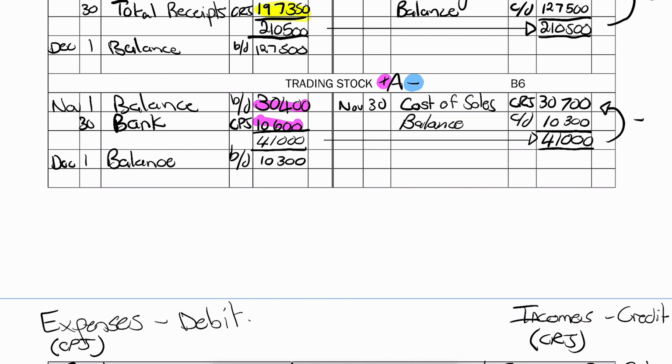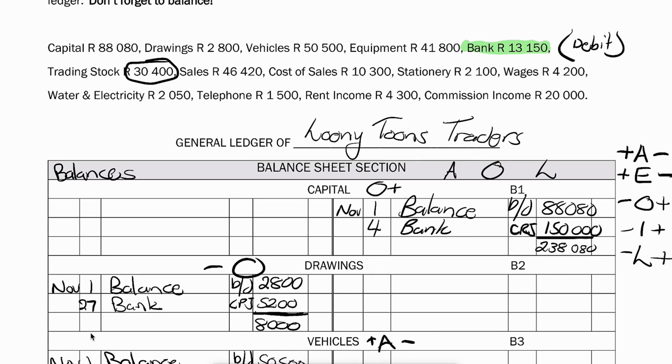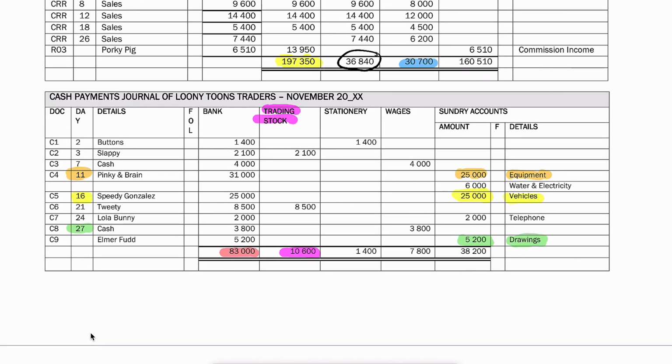Now what we need to do is look at our stationery. Stationery, again, it's an expense. Expenses take place in the CPJ. So if we go up to our CPJ and have a look, we do have stationery, which does have its own column.